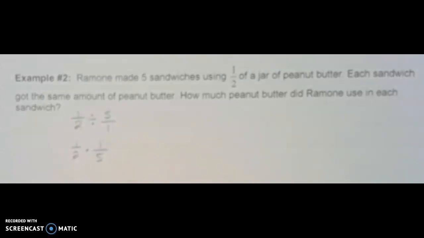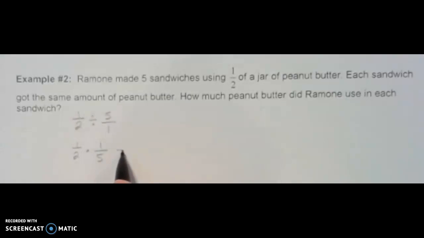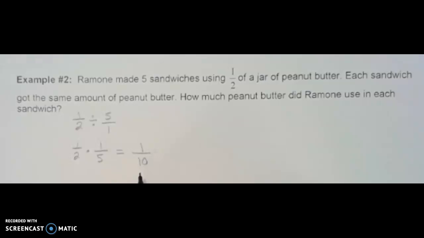Now this is just a multiplication problem. We have 1/2 times 1/5, numerator times numerator, 1 times 1 is 1, denominator times denominator, 2 times 5 is 10. There was no way that we could simplify, so that's why we just multiplied, and we get 1/10. So now what does this 1/10 mean? Well, again, this was measuring the amount of peanut butter, and we were measuring it by jars.